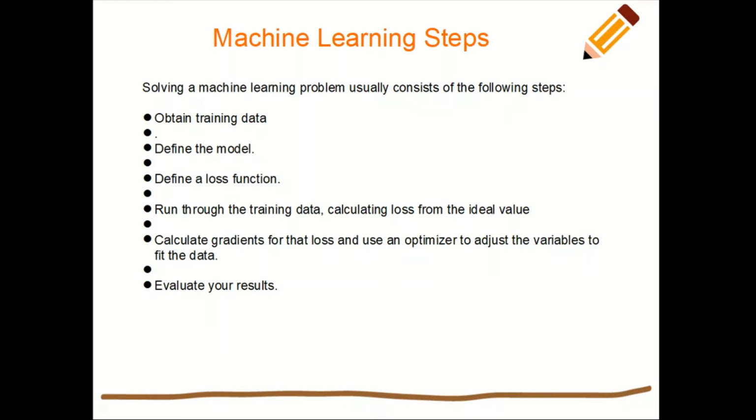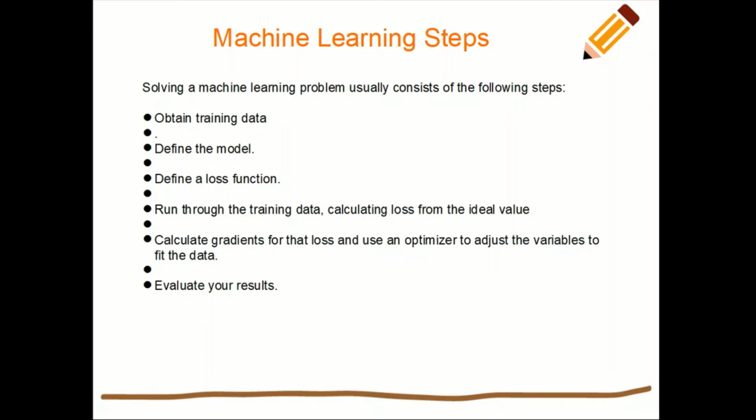Once that is done, we run the training data through a training loop, and for every batch we calculate a loss by comparing the predicted value with the actual labels, and feed it back to the backpropagation.